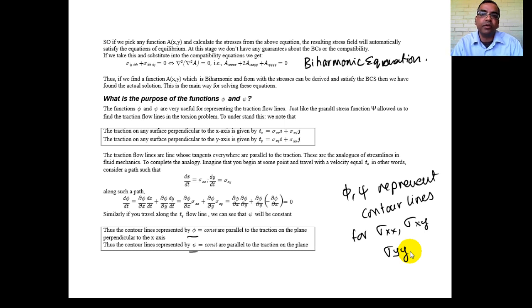It will also show up here. But the real deal is this A. If I know A, which is the Airy stress function, you can find phi and psi. All those things you can find.